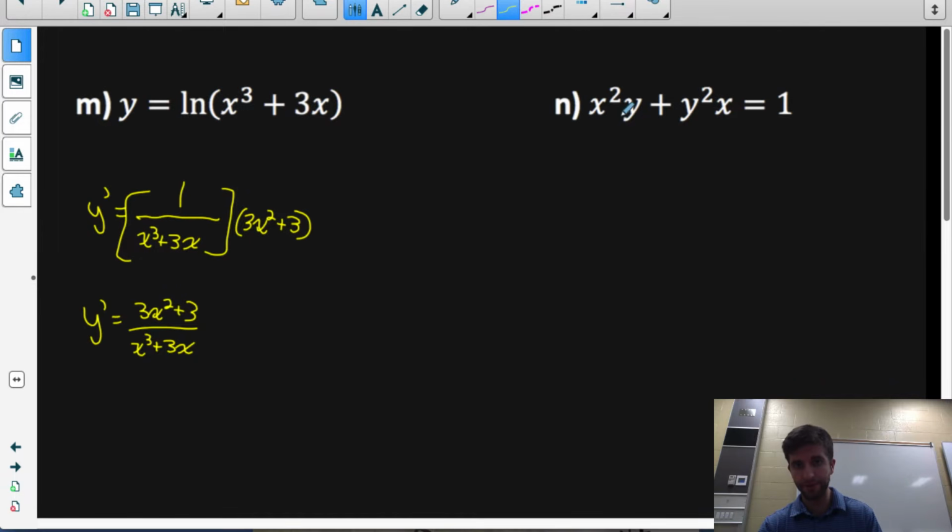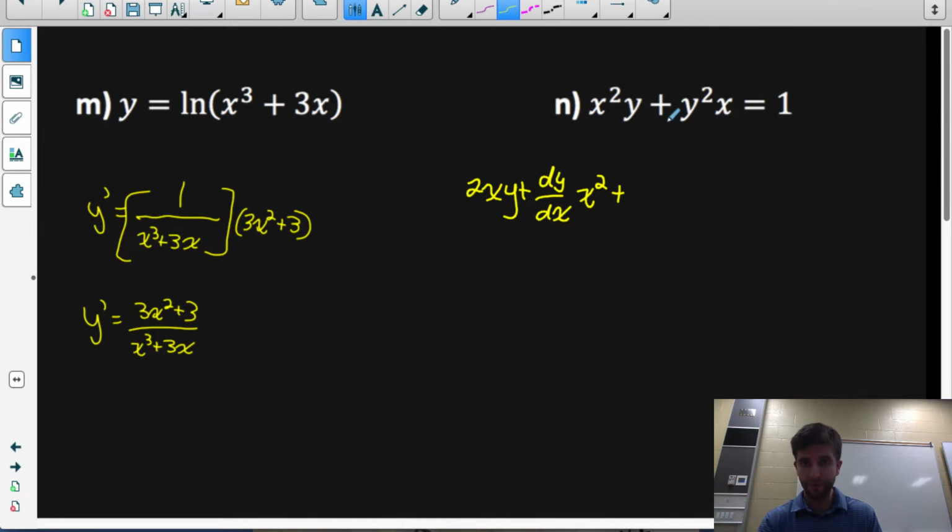So when I differentiate this, I'll have to do the derivative of x squared, which is 2x, times y, plus the derivative of y with respect to x, which I'll write as dy over dx, times x squared. Plus, now I need the derivative of this product. Well, I have to differentiate y squared.